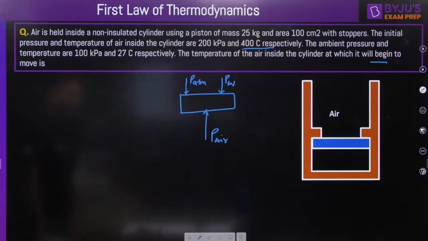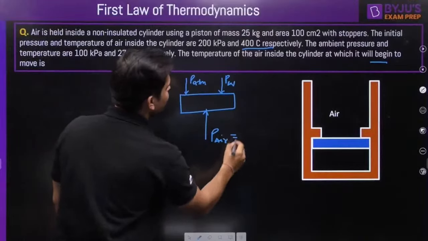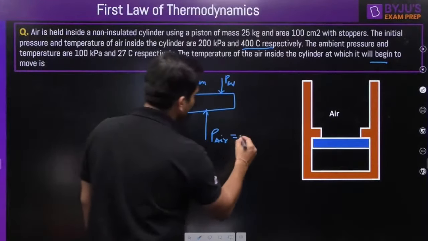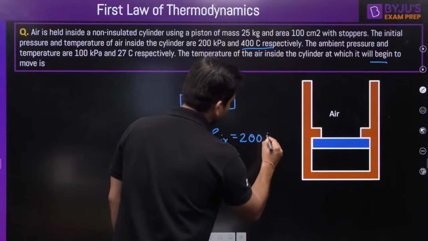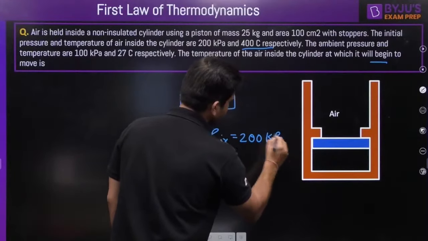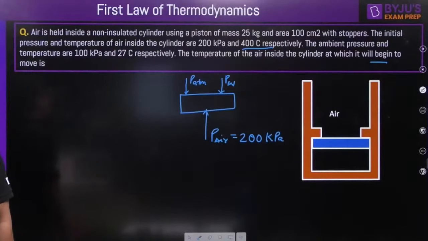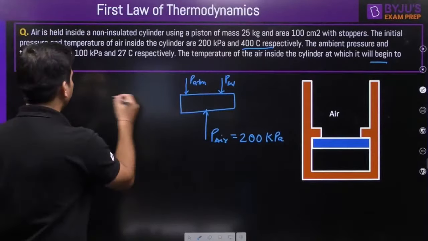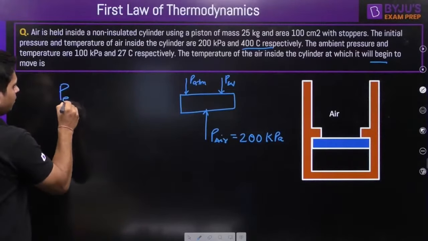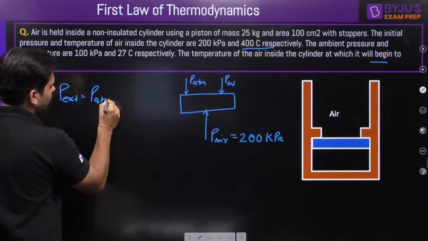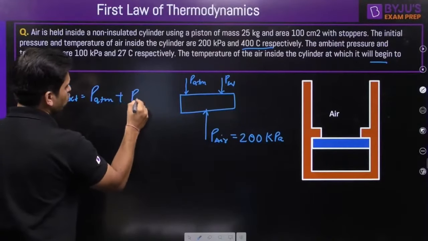It's air, right? Now this is given as 200 kilopascal. And this P external is equal to P atmospheric plus the pressure because of the weight.